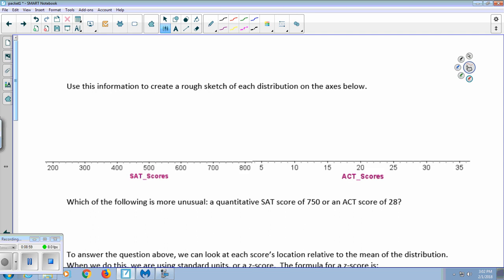So just to refresh, so we have it to work with. SAT, it told us the mean was equal to 500, and the standard deviation was equal to 100. So let's just write that up here.